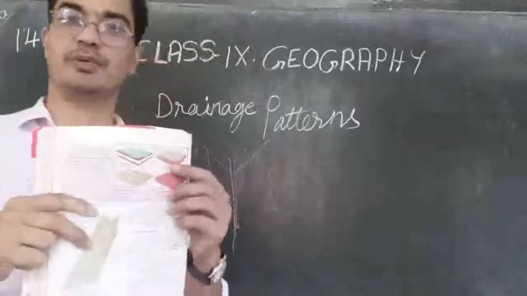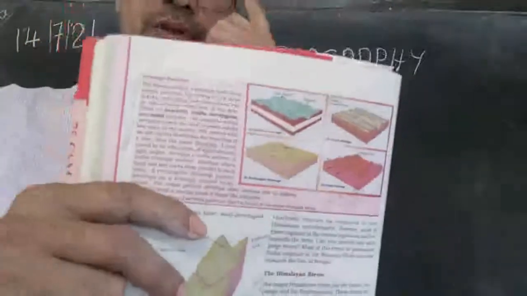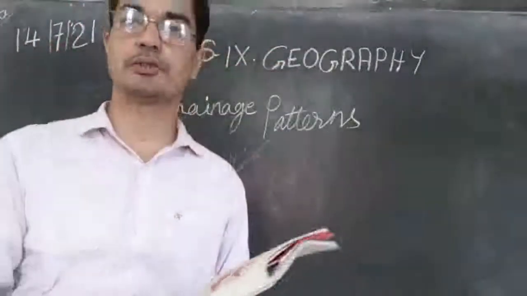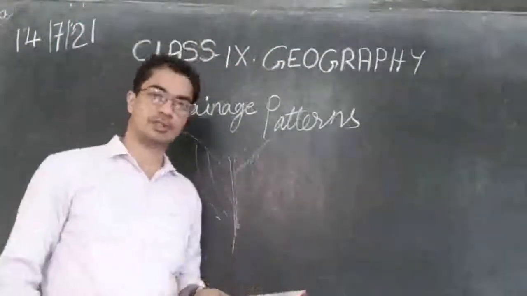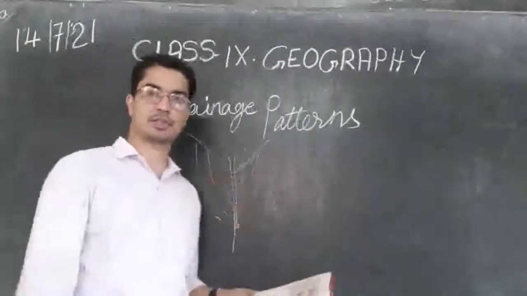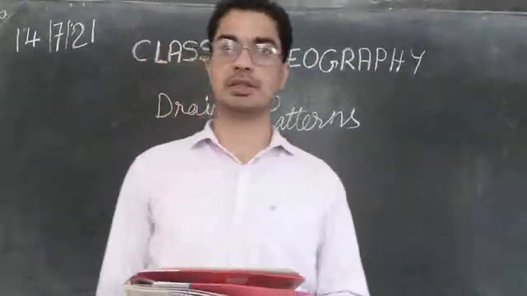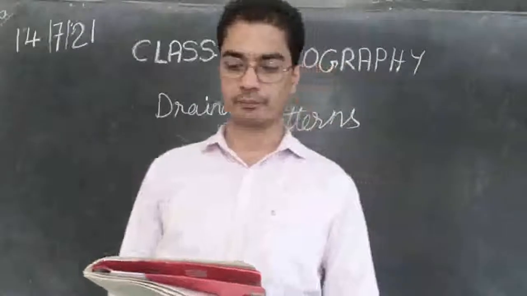And so it looks like a tree. You can see in your picture again. It looks like a tree, isn't it? That is the meaning of dendritic. It means tree. So it is the shape of a tree. It is because of the land slope that this kind of pattern is formed.